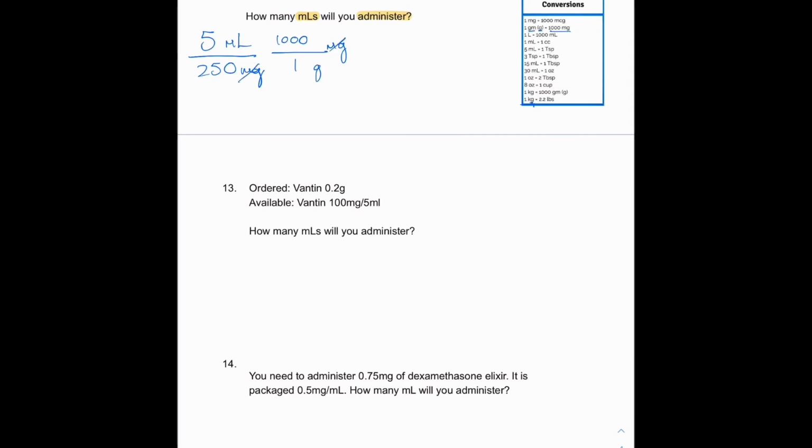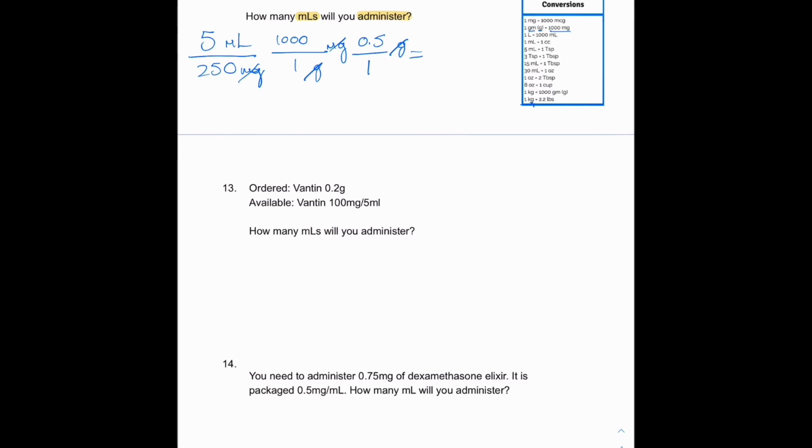Right now, we've gotten to the point where we're in grams, the same unit as our order. So now we can plug in. We want the grams to cancel out, so I'm going to put that on top, 0.5 grams. The grams cancel, so that means I'm done there, and now I can start to multiply across.